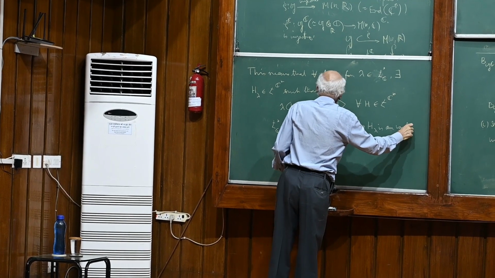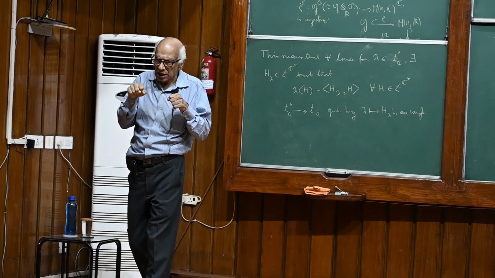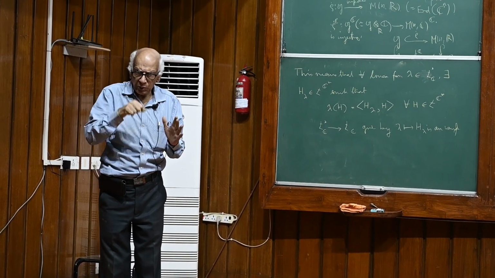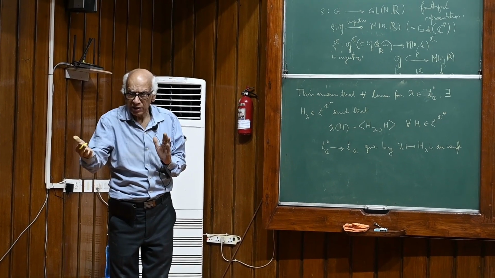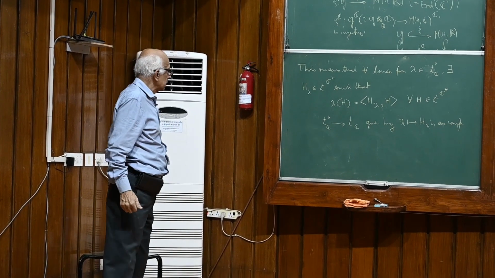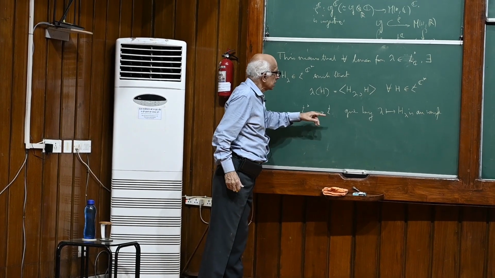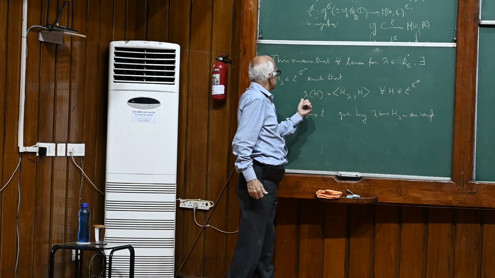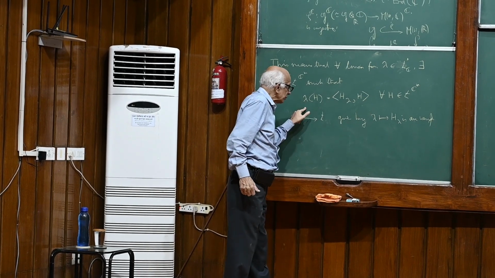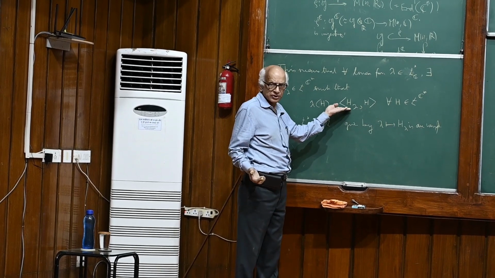If you fix an element in Tc, taking the inner product with every other element gives you a linear form on the space. So lambda going to H lambda, an element of Tc, is an isomorphism, is what I'm saying. And H lambda is defined by this.